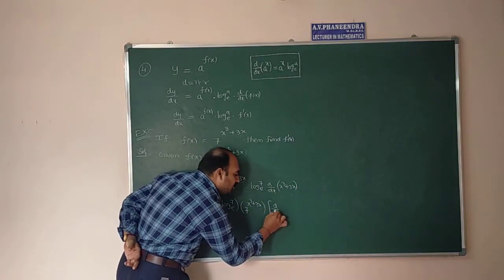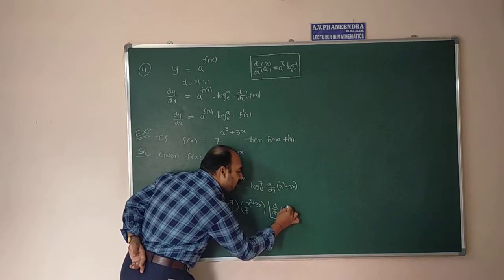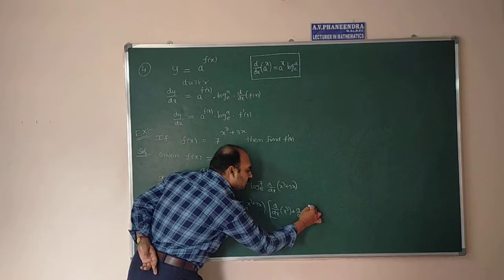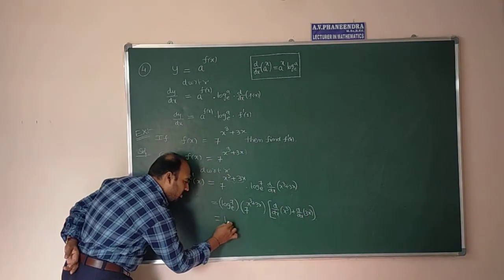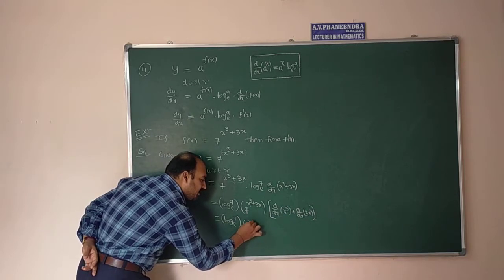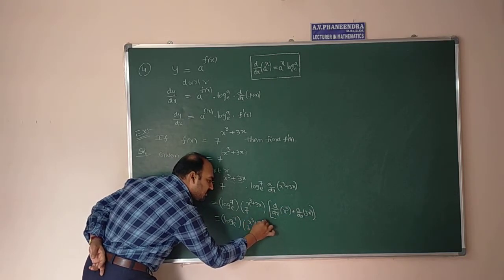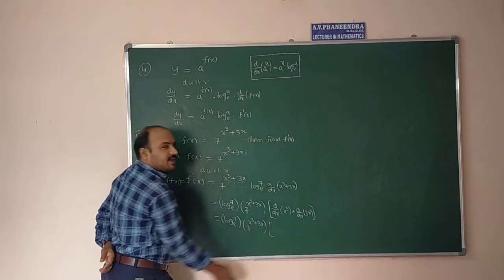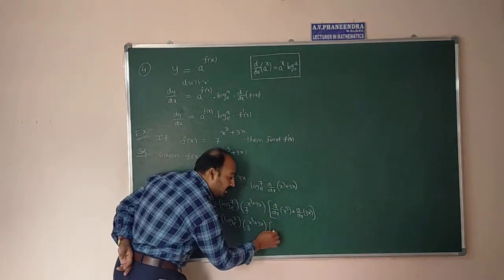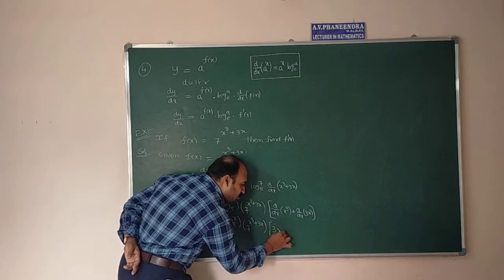D by dx of x cube plus d by dx of 3x, which is equal to log 7 to the base e 7 power x cube plus 3x d by dx of x power n into x power n minus 1. d by dx of x power 3 into x power 3 minus 1, so 3x square.